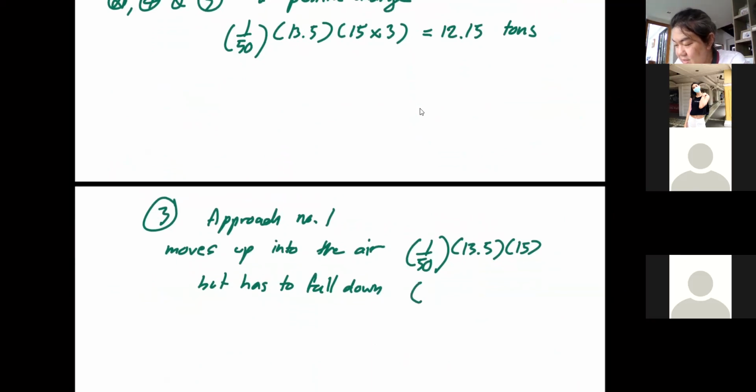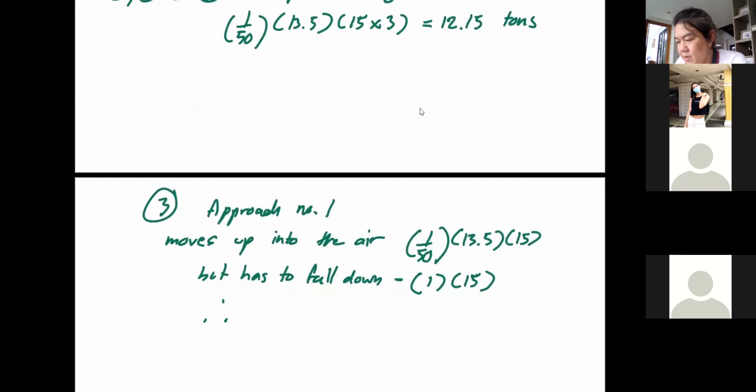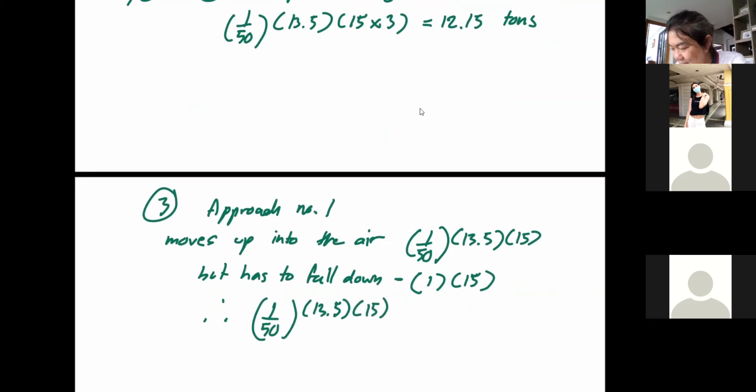The ordinate is 1, and the load itself is 15. And it has to fall down, so it has to be deducted. So that's minus. So the change due to load number 3 is the slope multiplied by the distance, multiplied by the load itself, then minus 15.